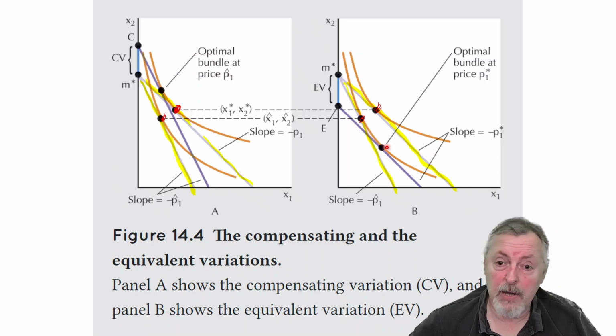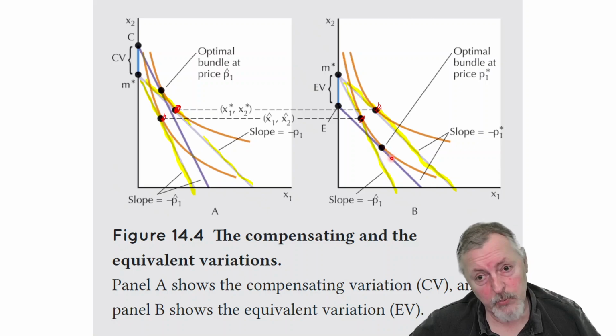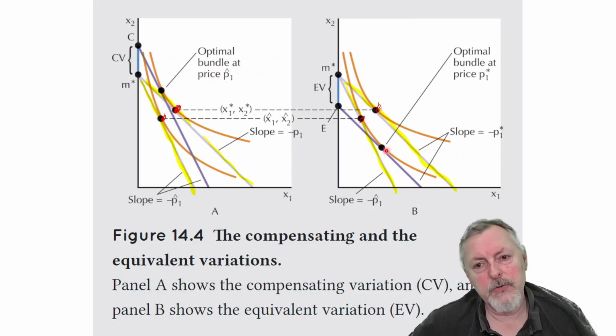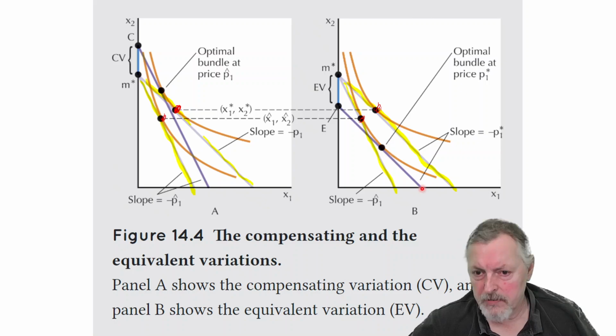If you gave up this amount of money between this budget line and this budget line, the person would be on the same indifference curve as if they hadn't paid to avoid the price increase, which means this person views the dollar value of this difference as the dollar value represented there.